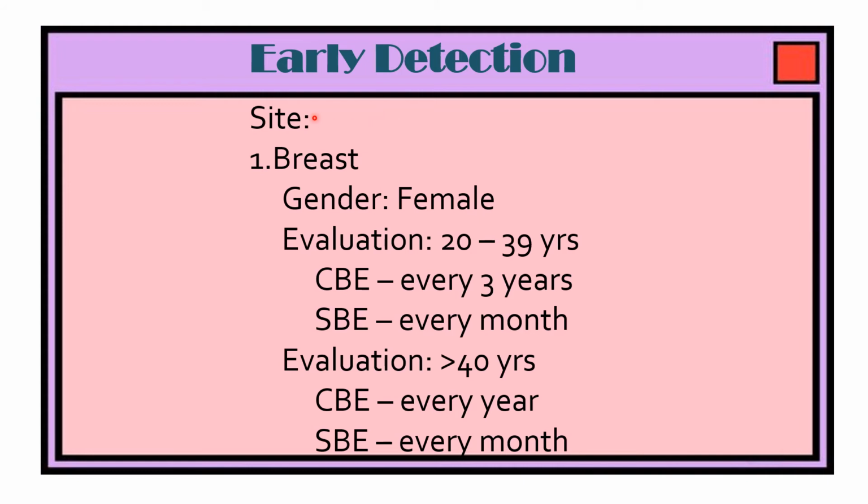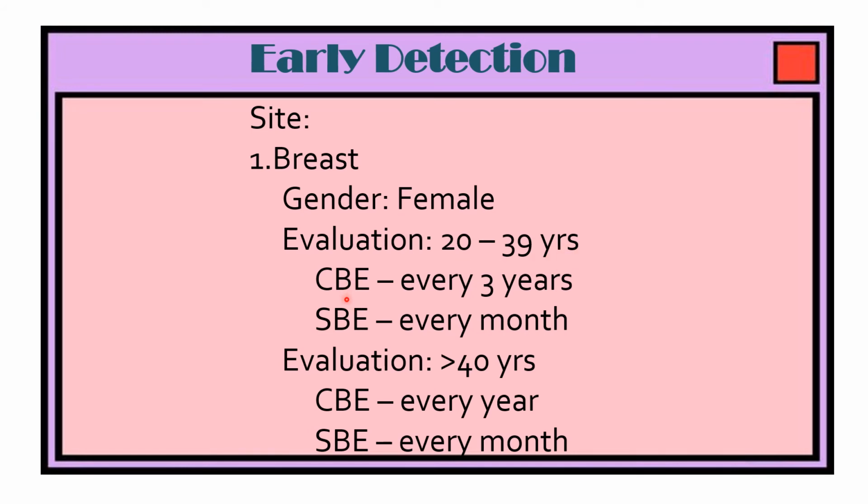So for the site, for example the breast, of course, usually ang common affected nito are the female. Of course, there are also incidents, no, na may mga male din na nagkaroon ng breast cancer. So, importante rin tingnan or observe din kapag meron kayong lump na naramdaman, boys. Okay? For evaluation, importante you have to start, especially when you are 20 years old to 39 years old.